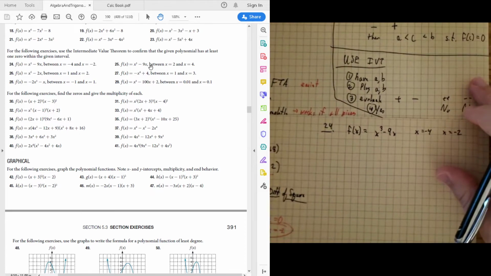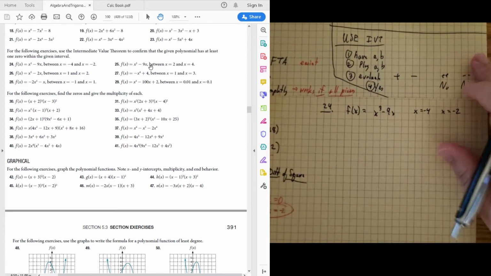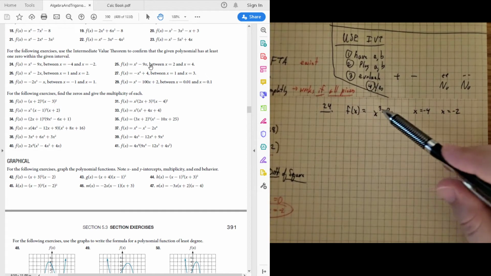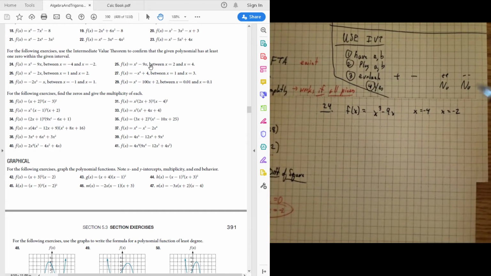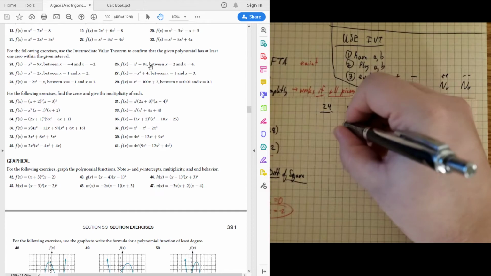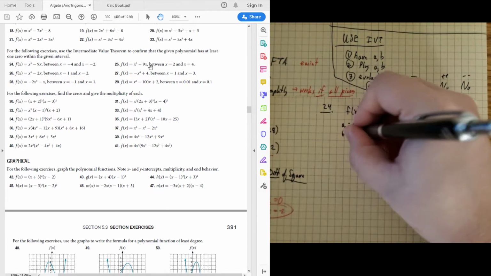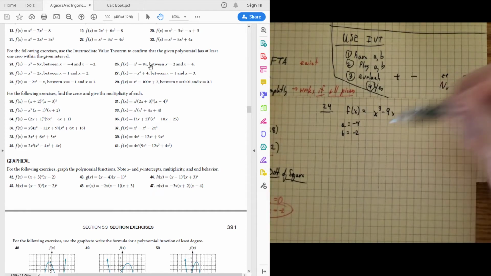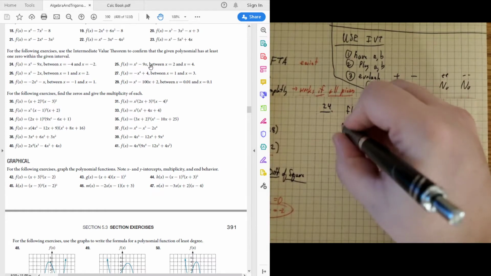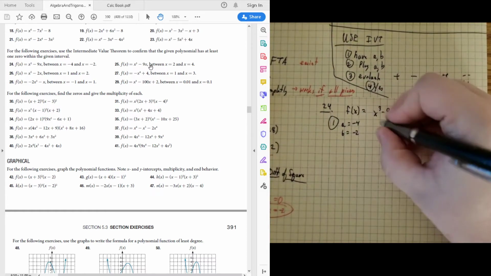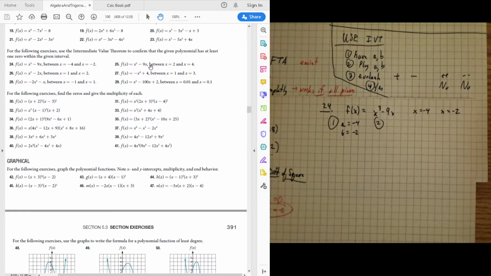So let's look at 24. We have the function x cubed minus 9x. We have two values, negative 4 and negative 2. What this tells me is my a is going to be negative 4, my b is going to be negative 2. And you might ask, well, couldn't I switch these around? Yeah, you could, but I'm just being simple here. So we've got our a and our b, so that's step 1. Step 2, we need to plug those in.